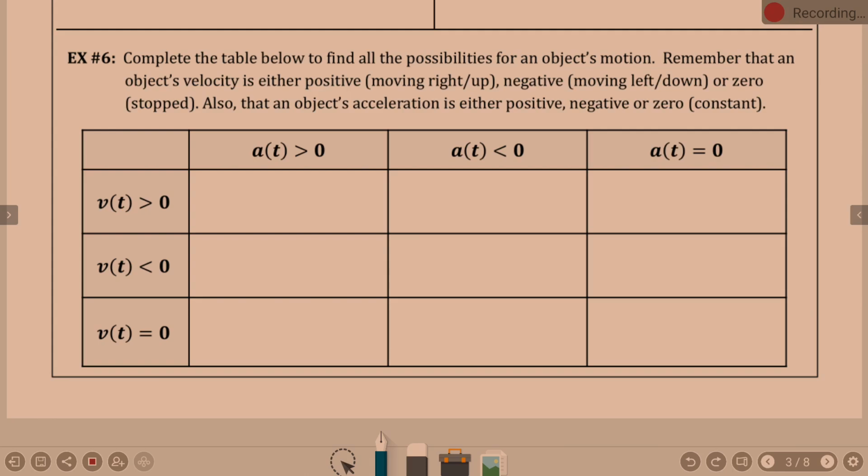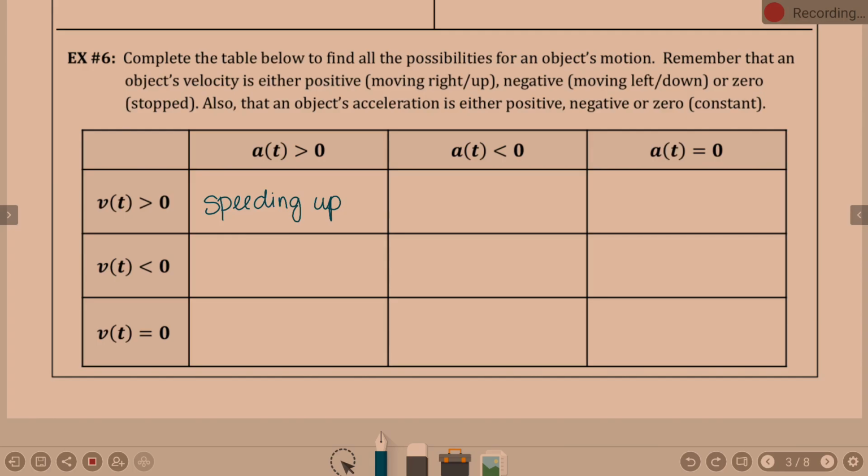Accelerating. Speeding up. The idea, and this is going back to the same sign stuff: when velocity and acceleration are both positive, speeding up.